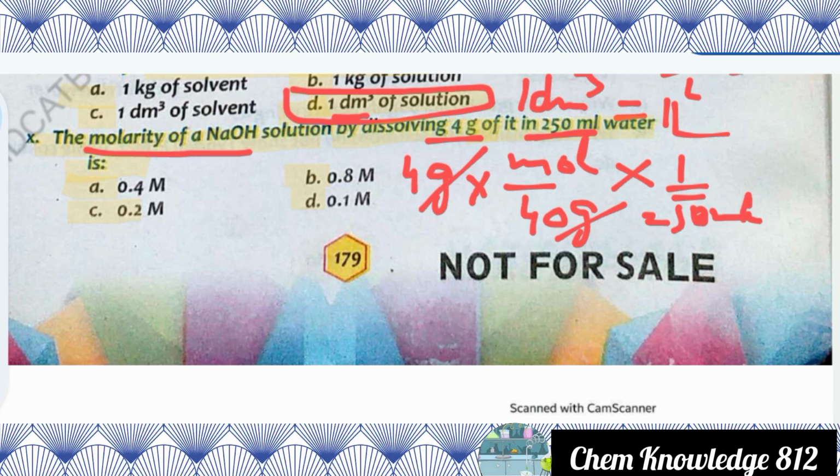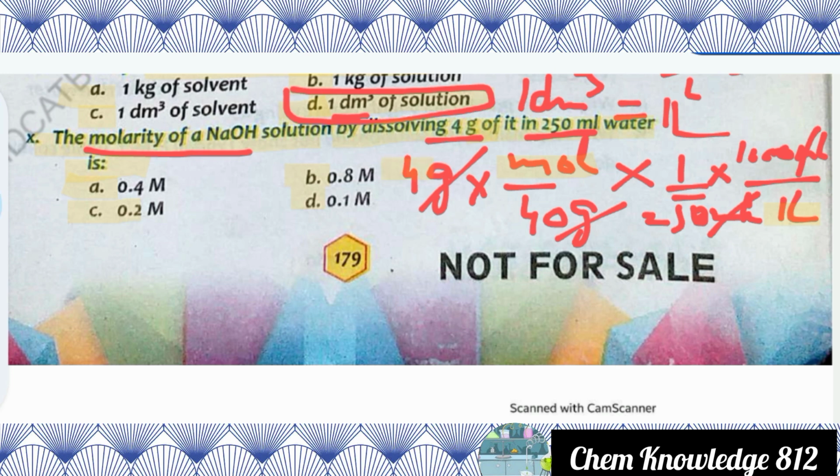So here we are going to obtain mole per ml, but molarity is mole per liter. By converting ml into liter, we multiply by 1000 ml equal to 1 liter. In this case ml will be cancelled, and we have a unit of mole per liter.